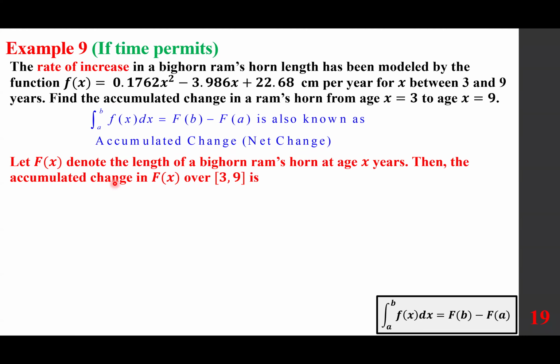Then the accumulated change in capital F of x from 3 to 9 would be the integral of f of x dx from 3 to 9. So we're going to take the integral of this function times dx from 3 to 9.